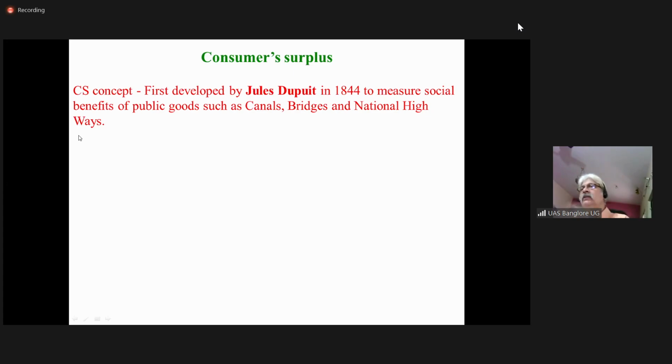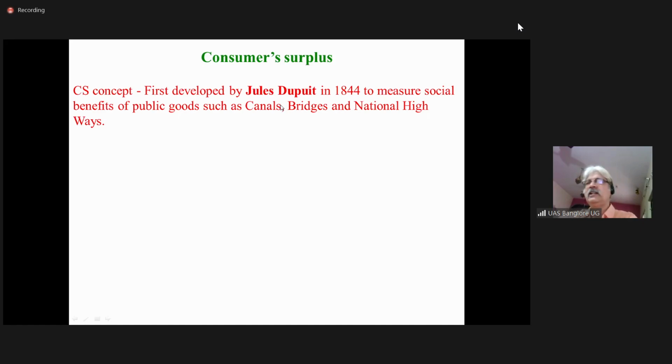If canals, bridges, national highways are constructed, how much benefit will the society get? To study this, he developed the concept of consumer's surplus. But later on, it was popularized by Alfred Marshall.